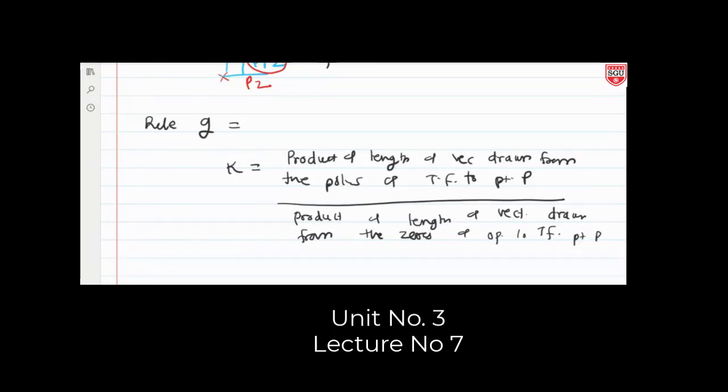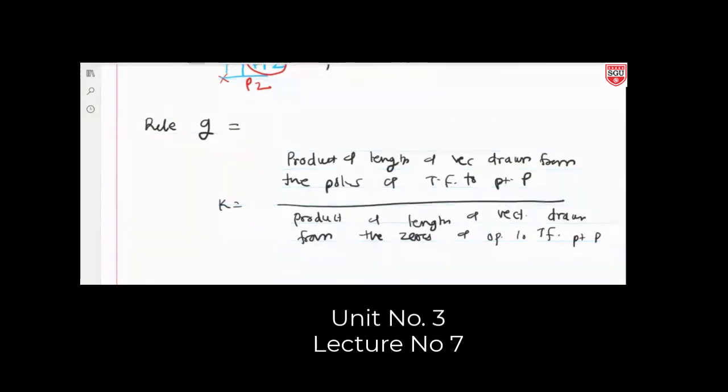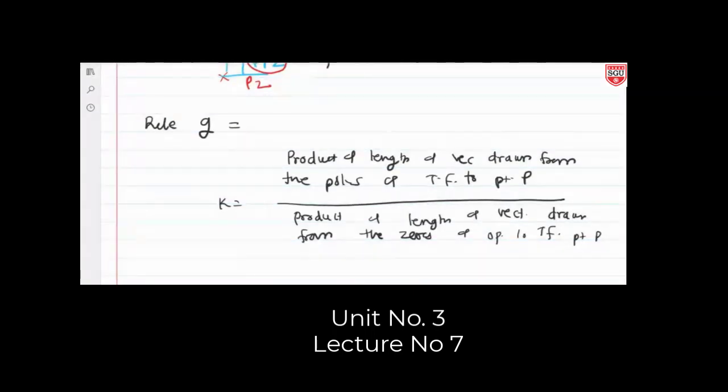It is very difficult to understand this definition of k unless we see the problem; you will not understand the last rule. So I will not discuss much about it. When we see the problem, at that time we will understand this concept.